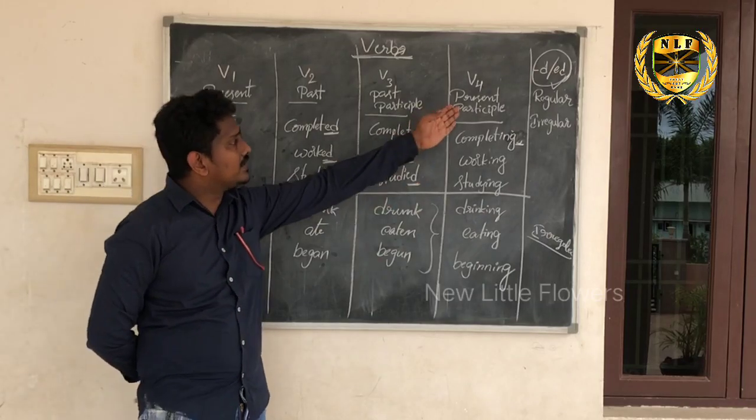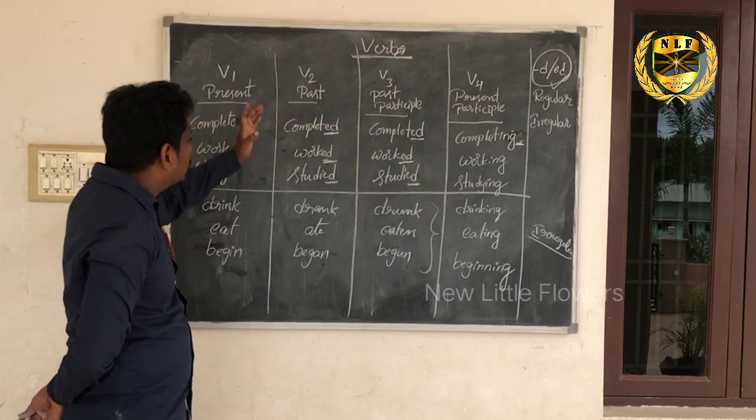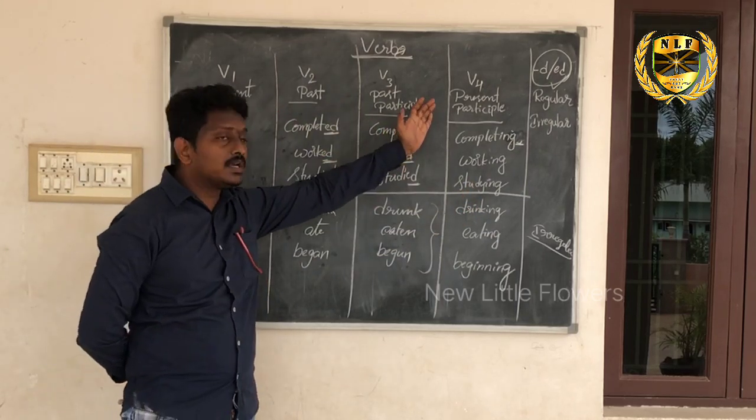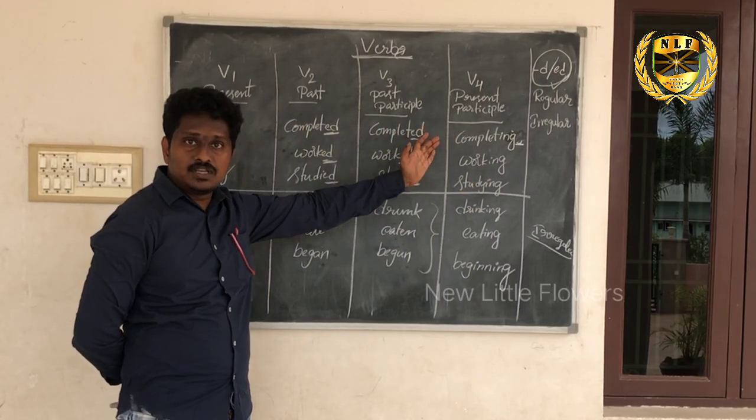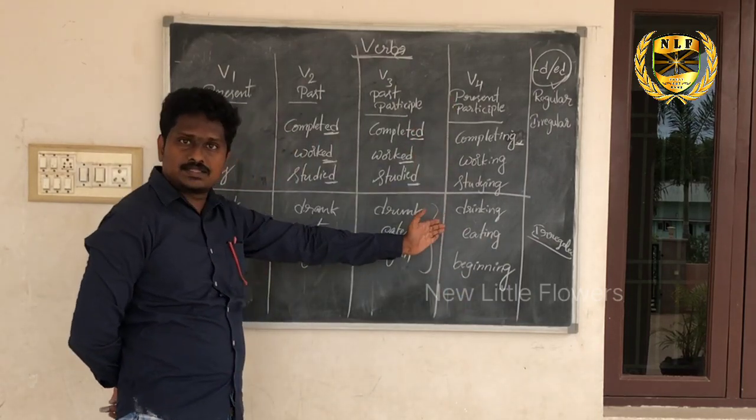It's very easy. Last one is present participle. If you just add ing to V1, it becomes V4. Understood? That's why I discussed V4 at the end of this class.